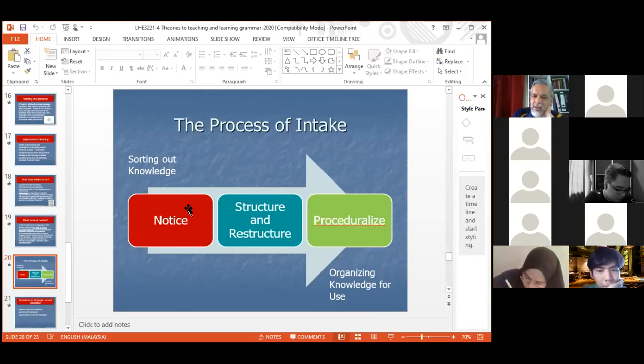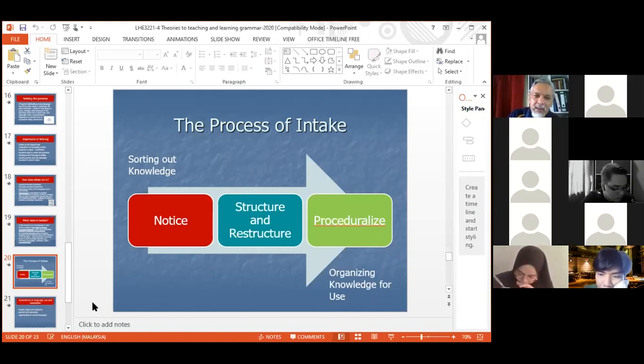So these three processes should lead to intake, because once you are proceduralizing, you're already using it, automatic processing using the language. It's already part of your system. There's already uptake, it's already intake. You can use it without thinking too much about it.